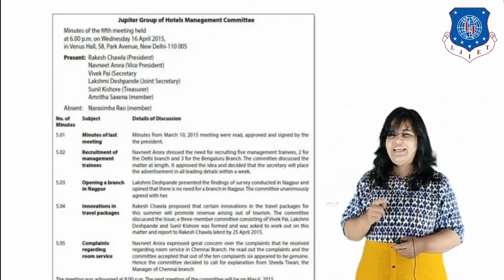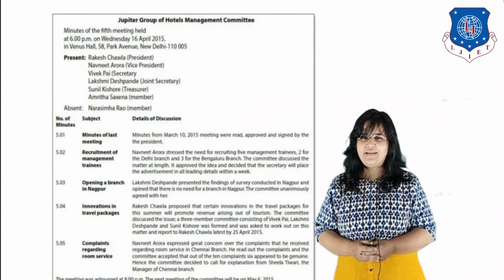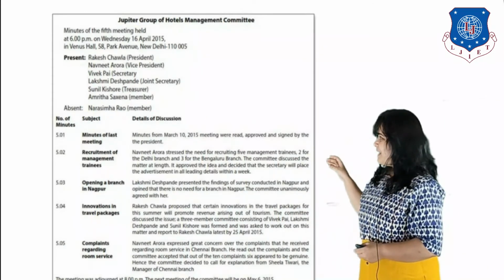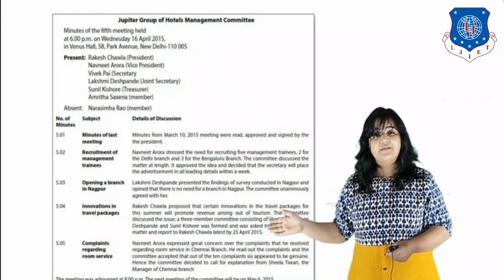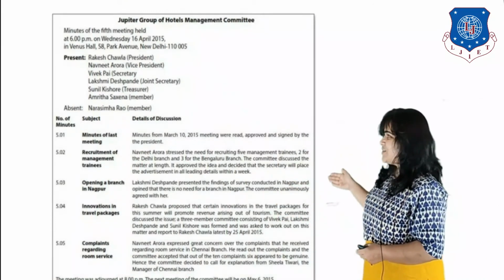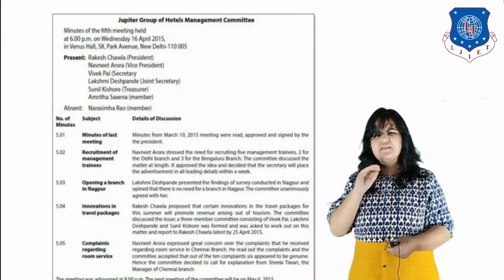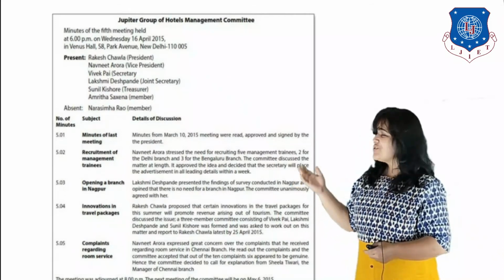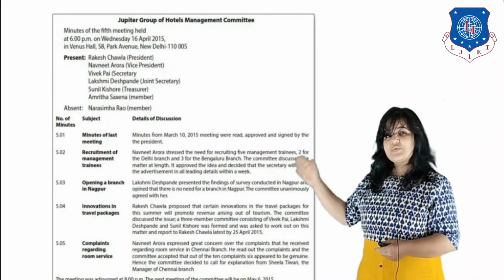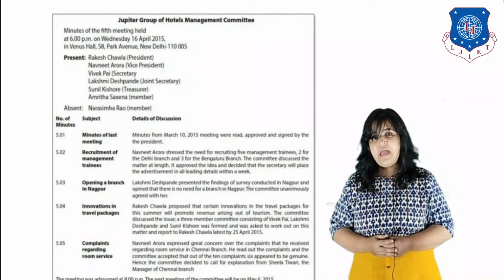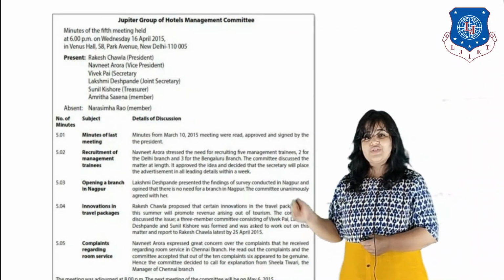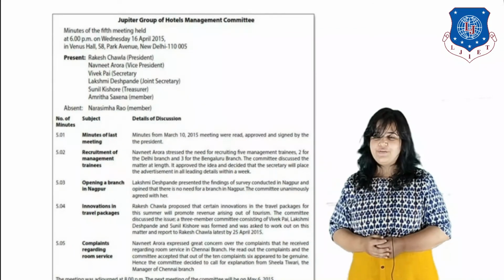Oh yes, you are right. It is the medium format, right? It is not the minimalist and it is not a verbatim approach. Word by word, everything is not written, but yes, the little discussions and conclusions for each agenda are given. So these minutes of meeting are medium, and most organizations follow this type.